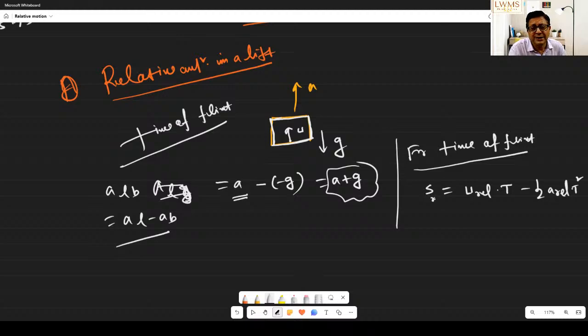But S relative will be what? It has no displacement with respect to the lift, since it will touch the floor again, so S relative equals 0.